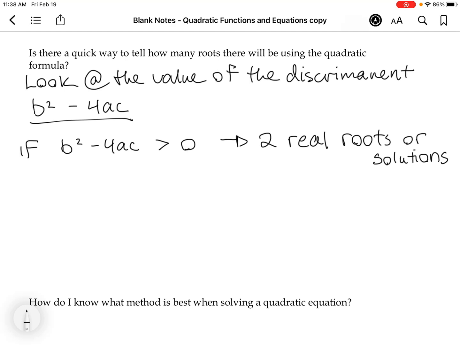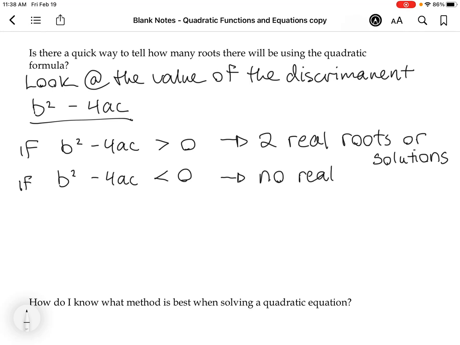Okay, so if this value is positive, we are going to have 2 real roots. If b squared minus 4ac is negative, is less than 0, we're not going to have any real roots, right? Because we can't take the square root of a negative number.